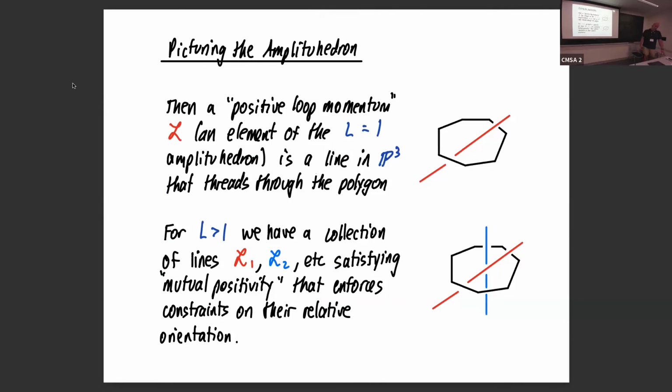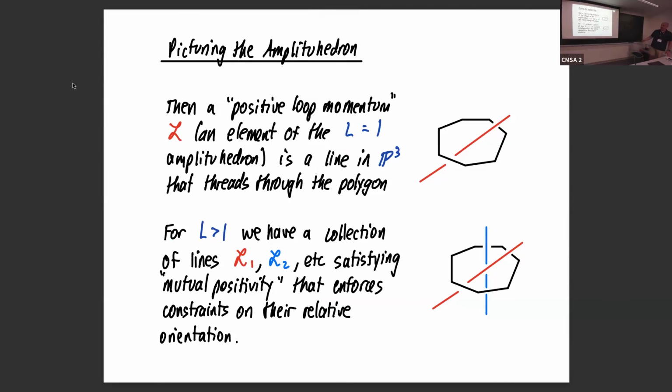Okay, then a positive loop momentum, meaning one that satisfies the definition for it to be in the loop amplituhedron, is a line that threads through this polygon, as I attempted to draw there. And if you have more than one loop, if L is greater than 1, then you have a collection of lines that have to satisfy some kind of mutual positivity conditions.